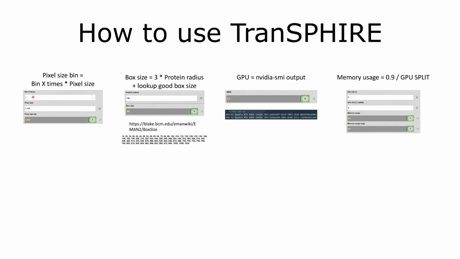So here in the global tab, you specify how much binning will be done during motion correction and the original pixel size, and it will calculate the bin pixel size automatically, so you don't need to worry about it.